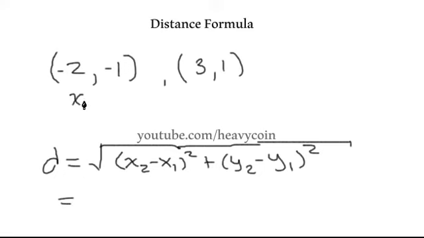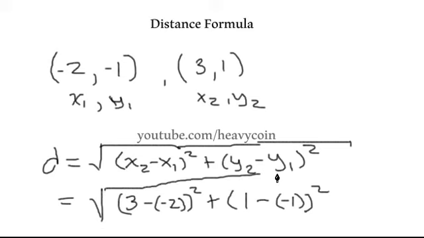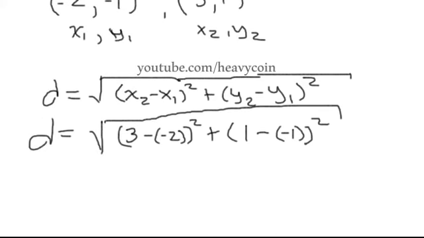Okay, so this is going to be our x1, y1, x2, and y2. So we're going to have 3 minus a minus 2, and that is squared, plus 1 minus a minus 1. Now you notice I'm putting parentheses around this minus here. And of course we got the square root. I get in a hurry and things get sloppy.